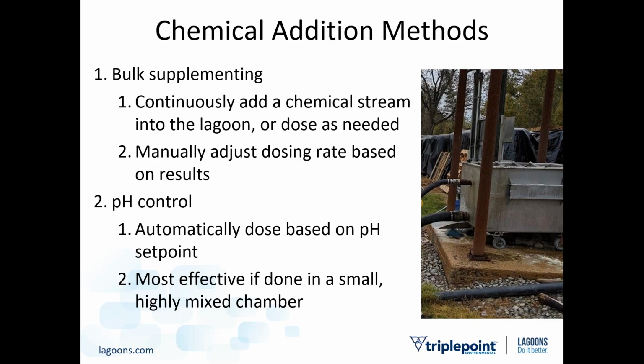The first one is bulk supplementing. This, you're just adding some alkalinity or pH adjustment to a lagoon basin. This can be continuously. We're adding it every day on a continuous basis, or you only dose as needed. One plant I've heard of does this when their ammonia limit drops to the summer level, a lower level than their winter level, and they need to get over that drop.